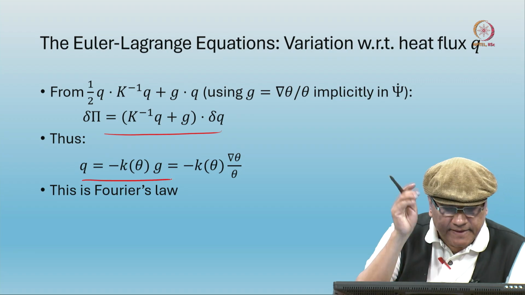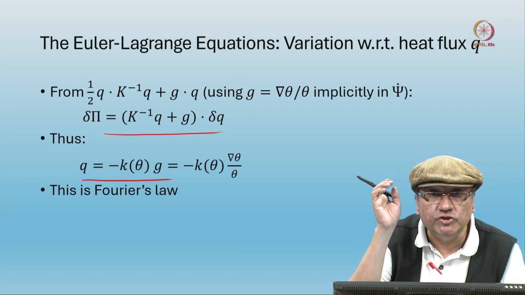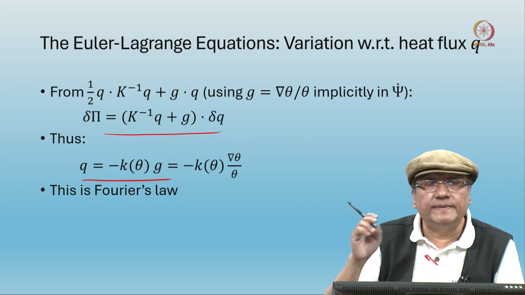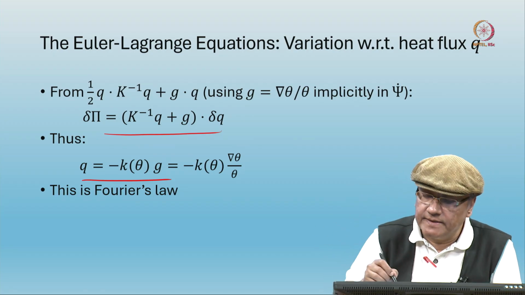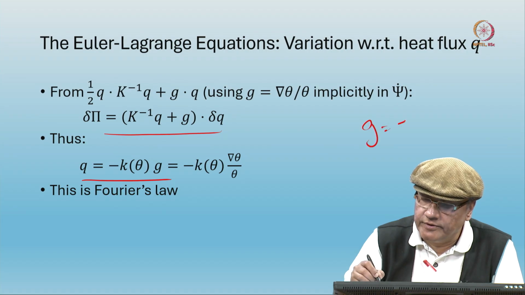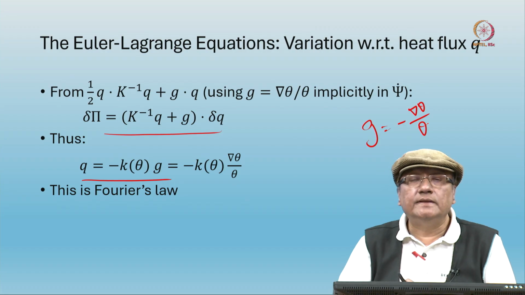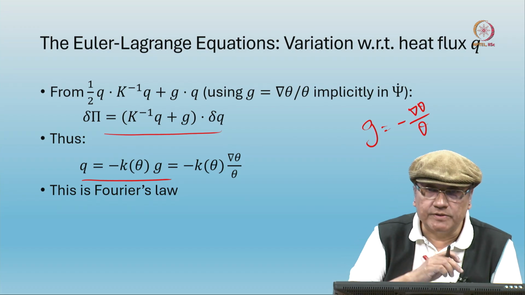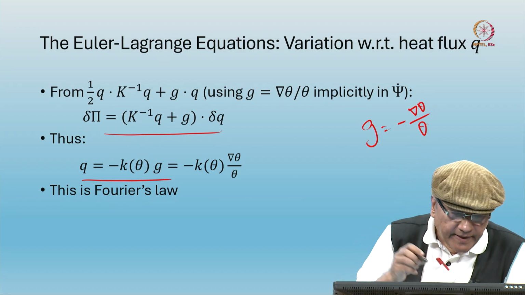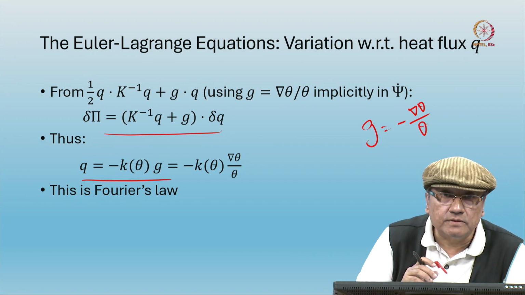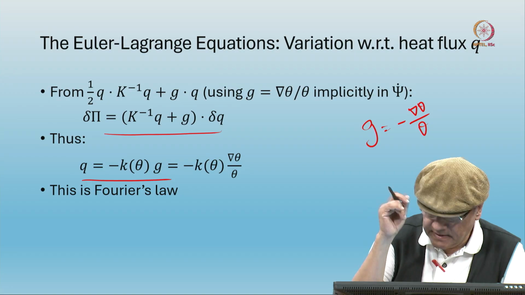Q is minus capital K theta times G, where G is defined as minus grad theta by theta. You recall that we have already defined it in the lecture before the previous one. So this is essentially Fourier's law, and that is what is expected.